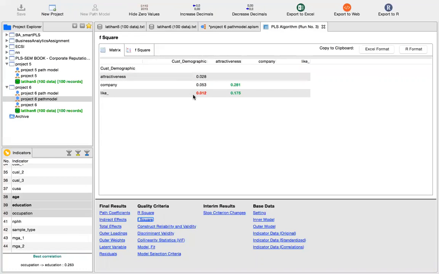This one is in red because it is below 0.02, which means that it did not have any effect at all. And the others are 0.05, 0.02. It has small to medium effect.